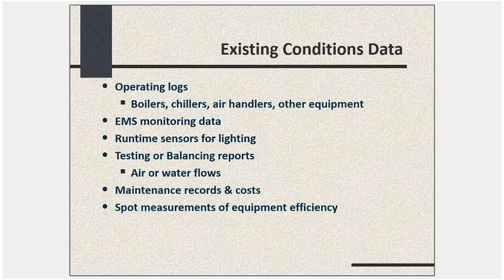So, some more data that may come in when you're thinking about existing conditions and baseline definition: do you have a history of the operating logs on the equipment that you have now? Do you know what it's done historically? Do you have runtime data that you've collected from sensors? Do you have previous reports on testing and balancing for that equipment?